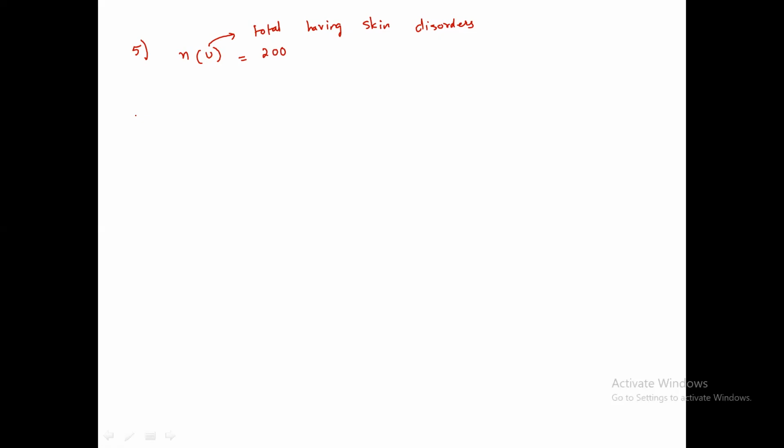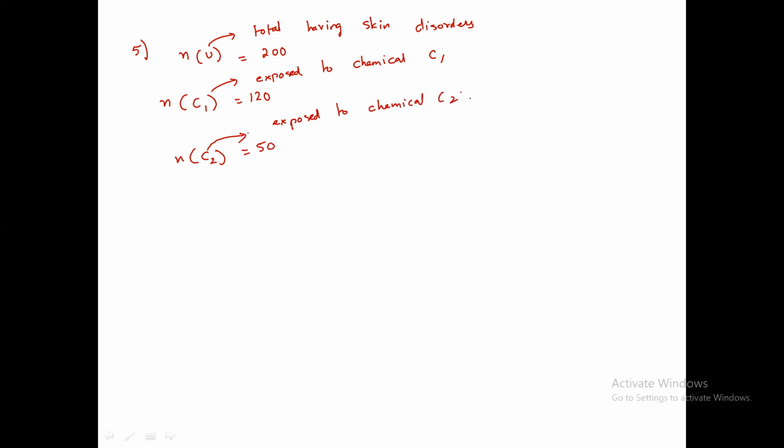120 had been exposed to chemical C1. Number of people exposed, those who are exposed to chemical C1, they are 120. Then 50 people are exposed to chemical C2.